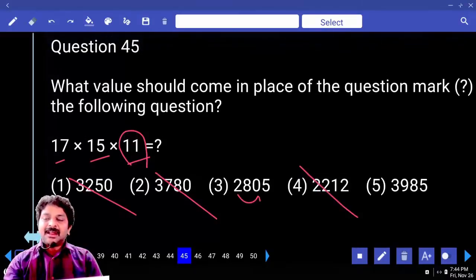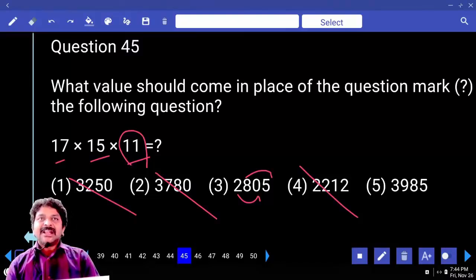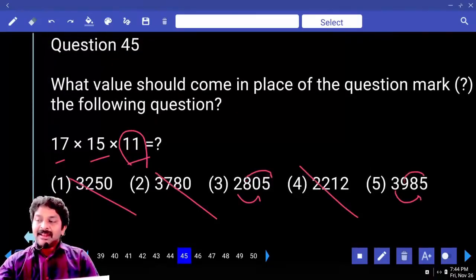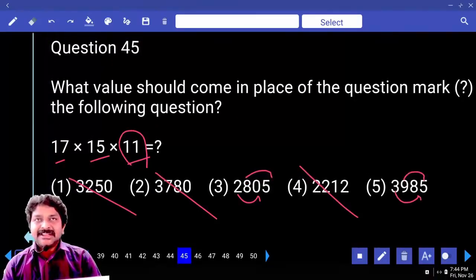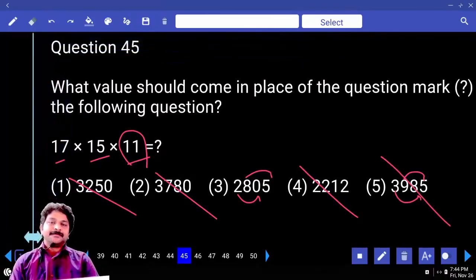Go for the third option and look for alternate number sum. 2 plus 0, 2. 8 plus 5, 13. Difference, is that an 11 multiple? Maybe your answer. Go for the fifth option. 3 plus 8, 9 plus 5. Is the difference equal to 0 or an 11 multiple? So this number is not an 11 multiple. Answer: third option.